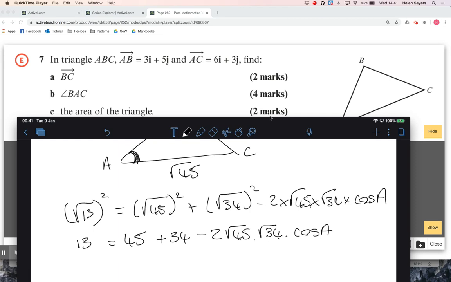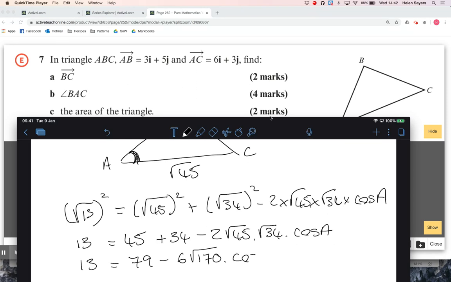I tend to plug everything in and then rearrange, so let's just do one more stage of simplifying. So 45 plus 34, hopefully 79. Then root 45 times root 34 times 2. I've just stuck that into my calculator, and that's coming up as a simplified third of root 167.